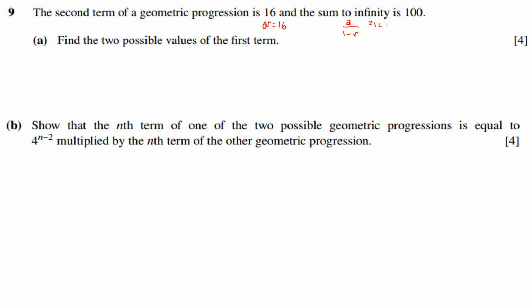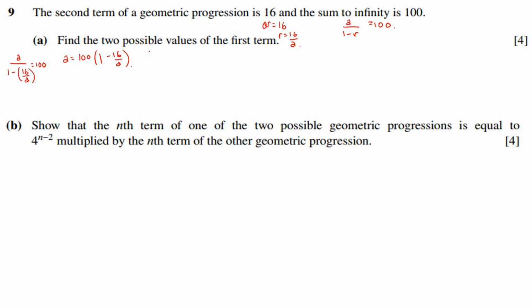So that means that R equals 16 over A. Which means that A over 1 subtract 16 over A must equal 100. A equals 100 multiplied by 1 subtract 16 over A. That seems absolutely fine, nothing too scary going on there.